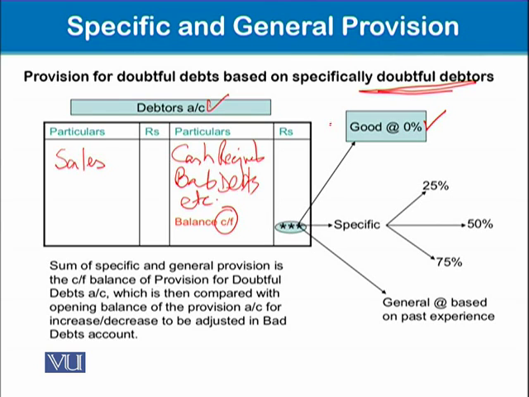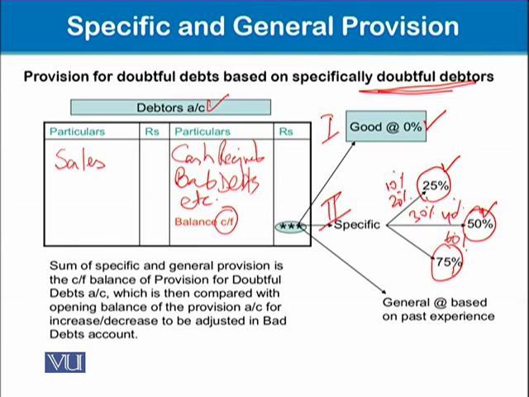Then comes specific debtors on which we have a doubt of recoverability. Expected credit loss can be determined or estimated in a certain percentage. That can be even 10%, 20%, 30%, 40%, 60%, more or less, whatsoever. So I just took 25%, 50%, 75%.